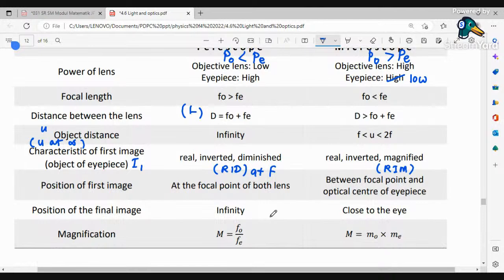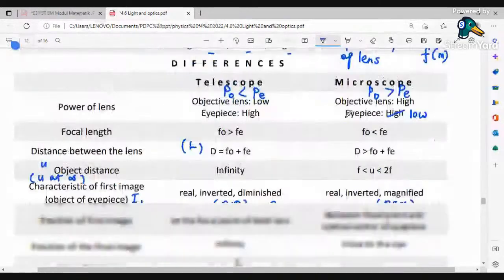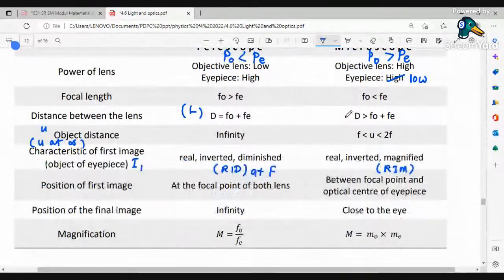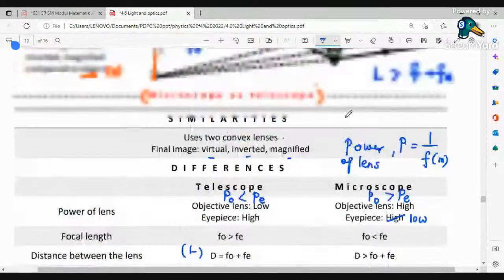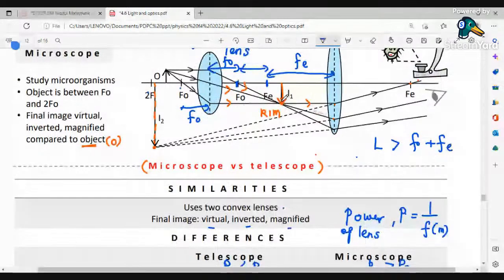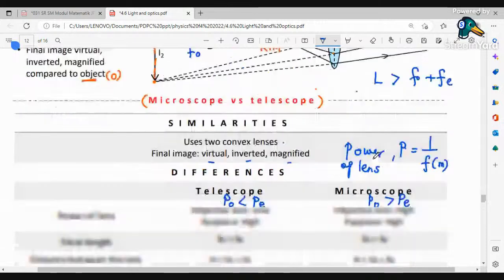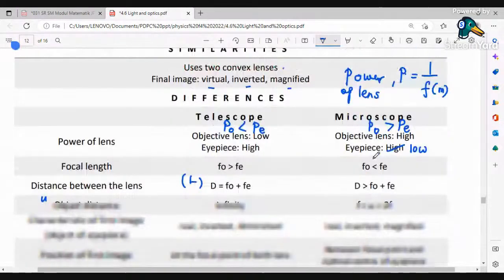Optical center maksudnya dekat F lah. Okay, boleh tengok balik ini. Between F and optical center, maksudnya less than F. Real image. Okay. Jadi kalau untuk I1 ni dia akan dapat lebih daripada 2F sebenarnya. Rasa ni ada mistake sikit kat sini.